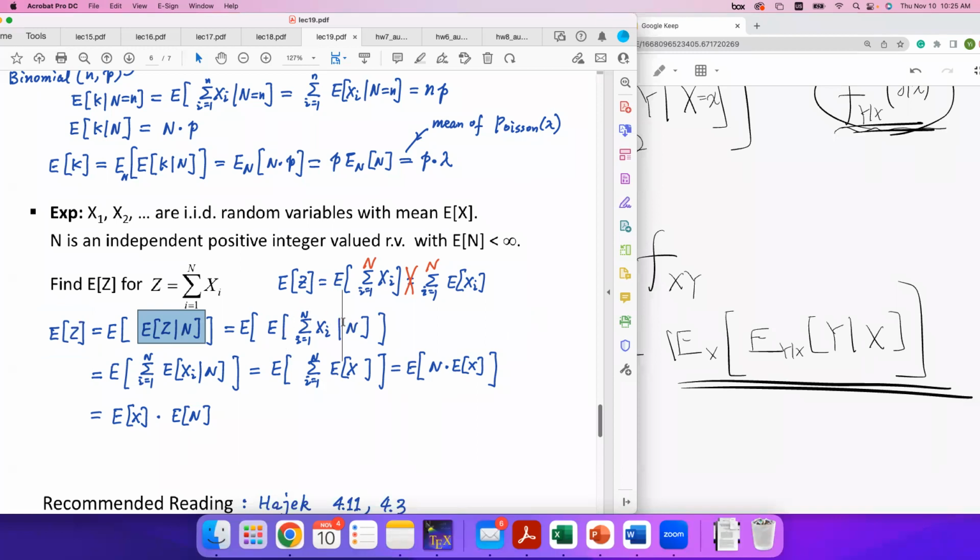That's why here, once we condition on N, this part can be treated as a constant, and then we can pull it out by the linearity of expectation. The randomness of this capital N will later be handled by the outer expectation.